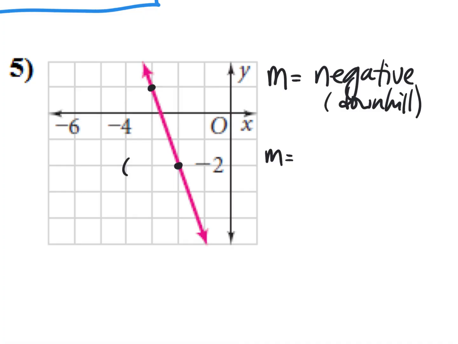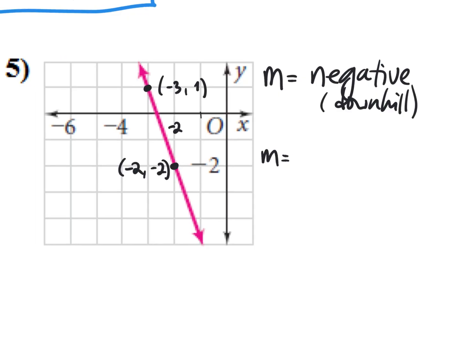This point is going to be (-2, -2) actually, and this point is going to be (-3, 1).